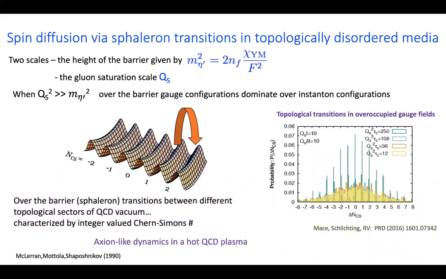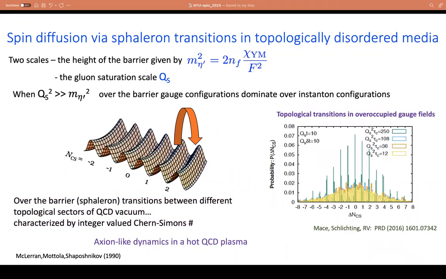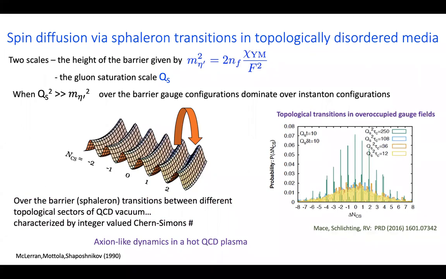All I'm saying is that when you probe the vacuum at very high energies, very high boosts, so very short time scales, the effective occupancy of the gluons in the interface frame is so large that it can induce these over-the-barrier transitions. So the saddle point is not an instanton saddle point, but really a dynamical saddle point corresponding to these overoccupied gluons.